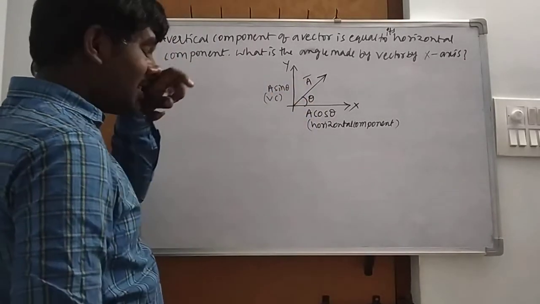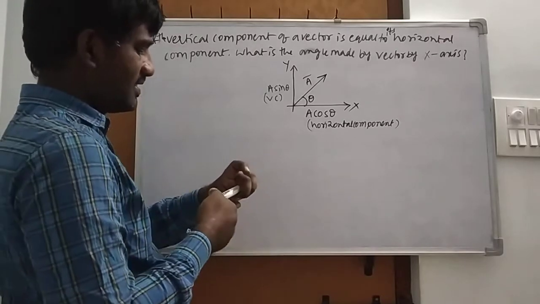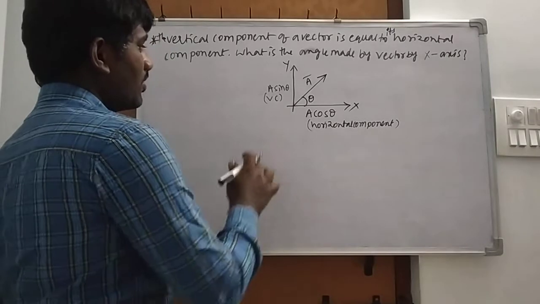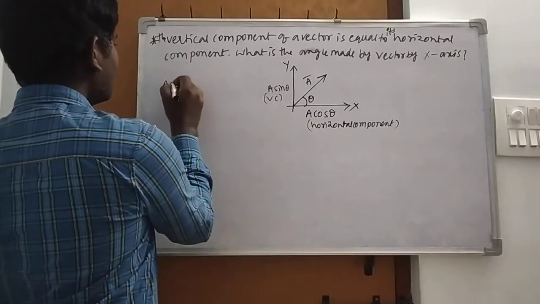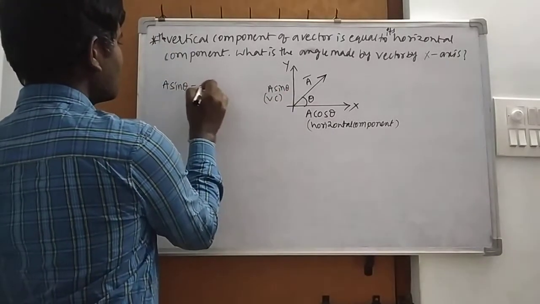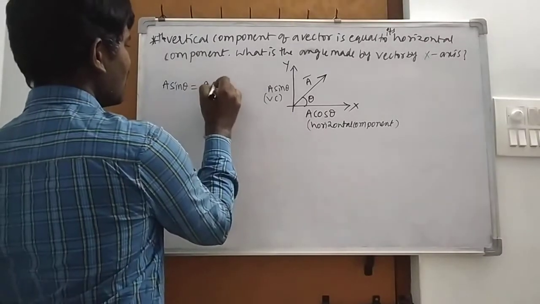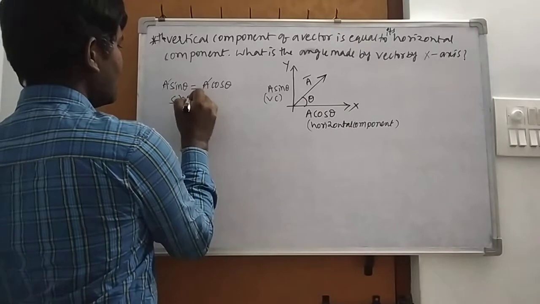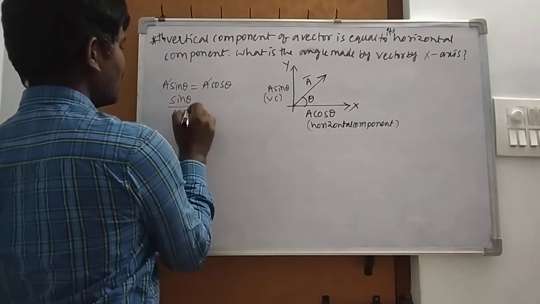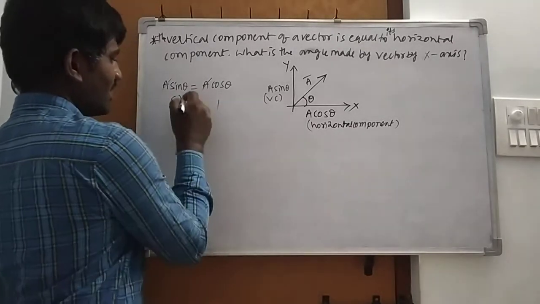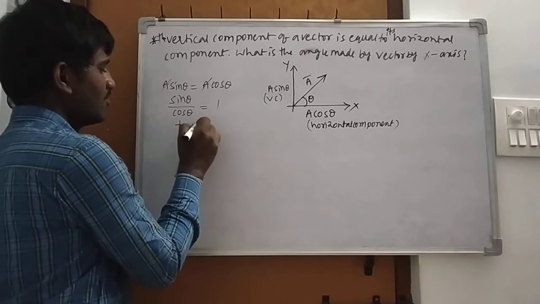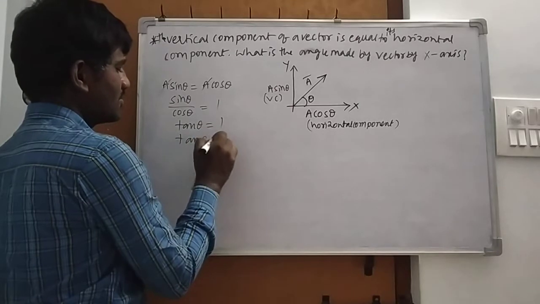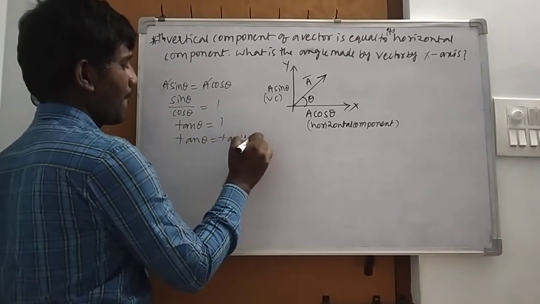So in this question he has given that the vertical component is equal to the horizontal component. What is the vertical component? A sin theta is equal to the horizontal, A cos theta. A cancels. Sin theta by cos theta is tan theta, which is equal to 1. Tan theta is equal to tan 45.